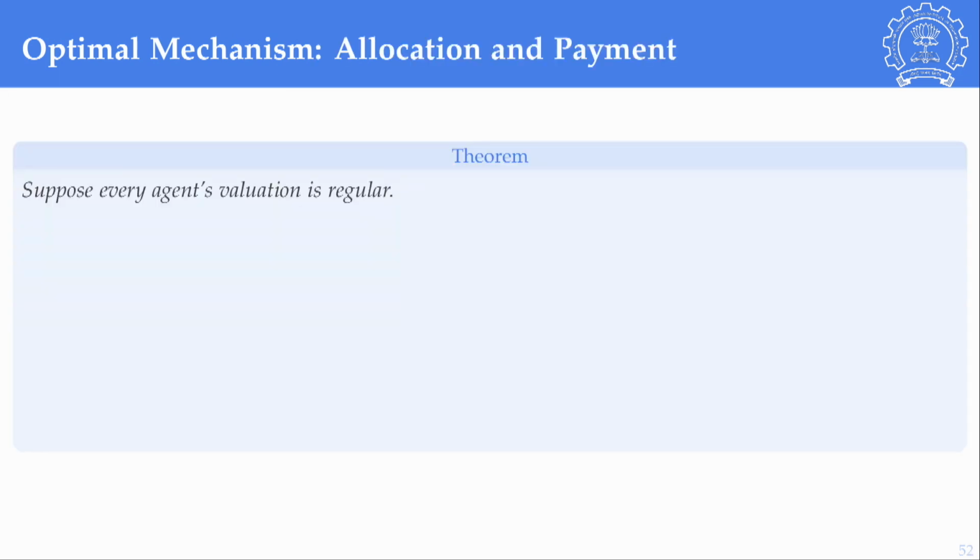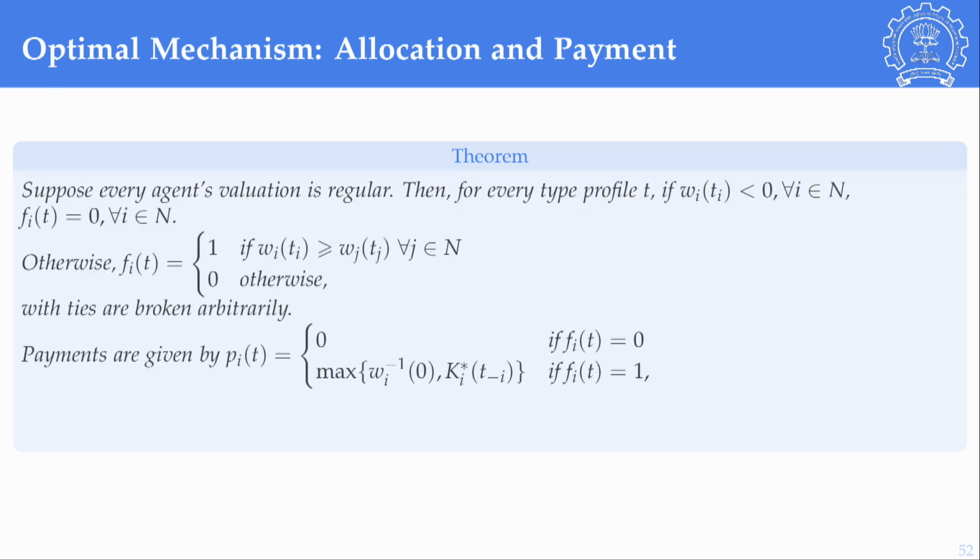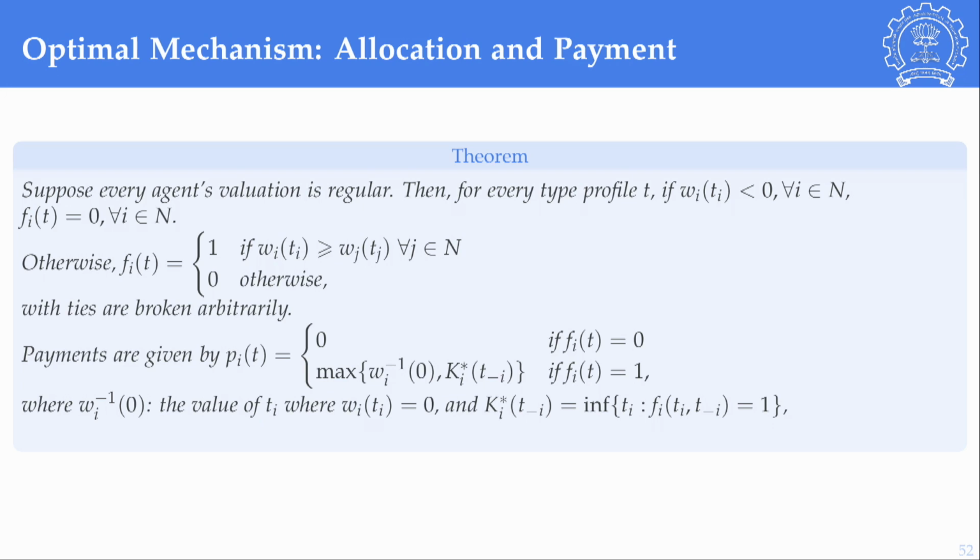Okay, so now let us finish this exercise with the payment part as well. The payment, even though it is written in a way that has become a little clumsy in order to make it more mathematically correct, you should interpret as follows. Wi inverse of 0 means the point at which agent i's virtual valuation starts becoming positive.